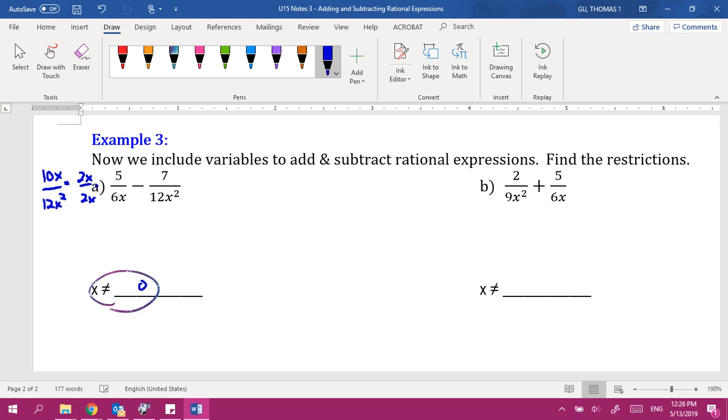And so now we're going to have 10x over 12x squared minus 7 over 12x squared. Now notice right here, there's no x on the 7, right? So can I combine the 10x and the 7? No. So all I have to do is rewrite this as a single fraction.